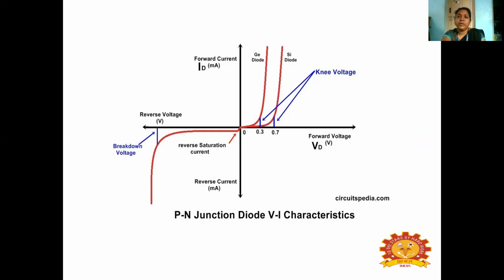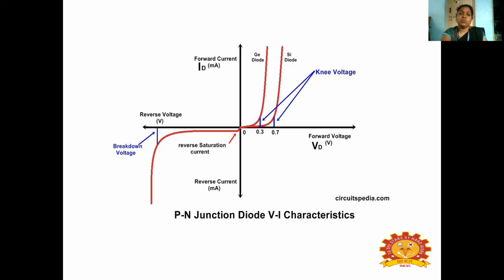In the forward characteristic, you have two different curves, defined for germanium and silicon. Germanium has a voltage of 0.3 volt, and silicon has 0.7 volt. That is said to be the constant voltage for the silicon semiconductor and the germanium semiconductor.